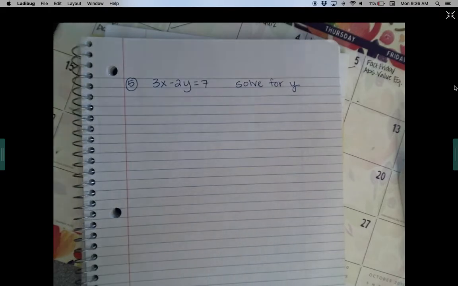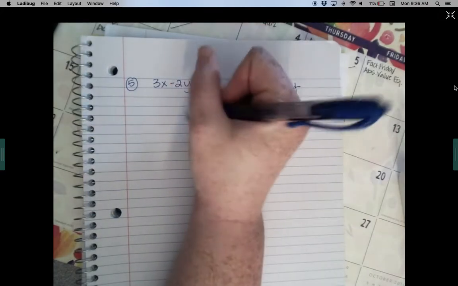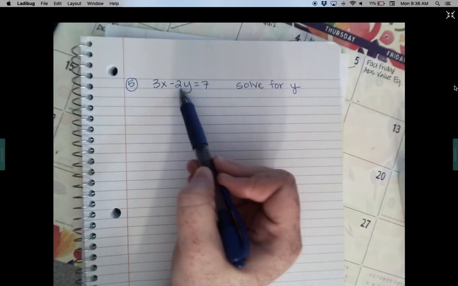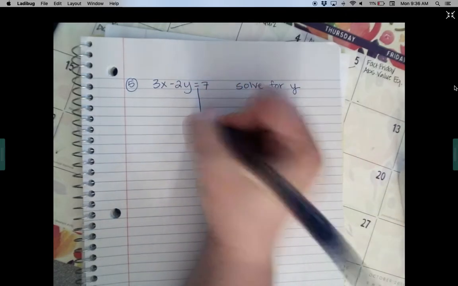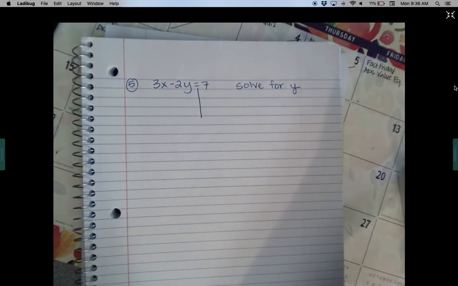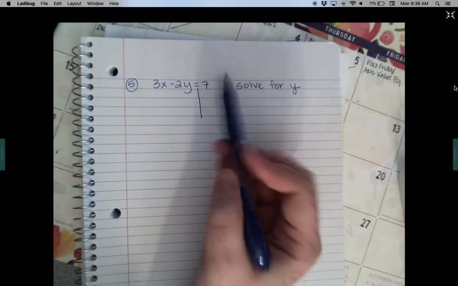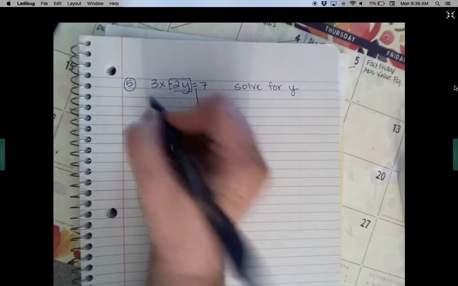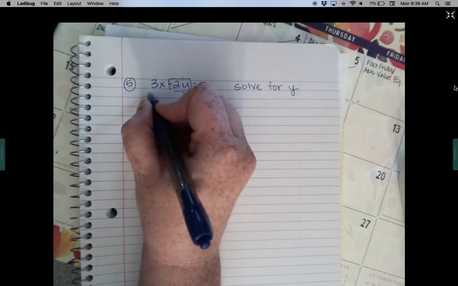All right, let's look at example 5. I want to isolate the y, which is right now attached to the -2. So what do I need to do first? I should subtract 3x.